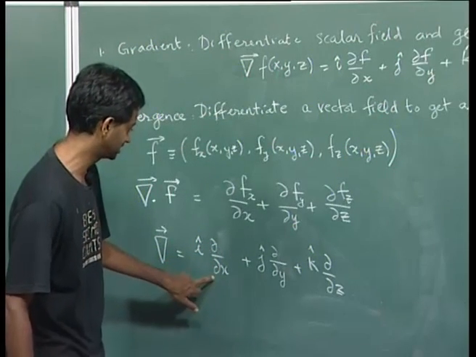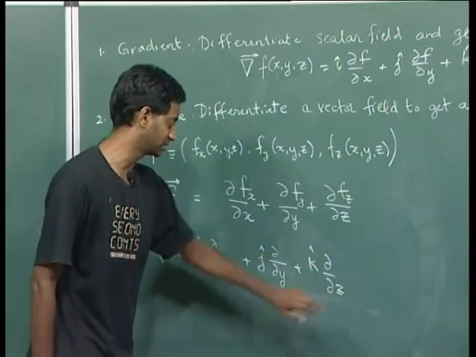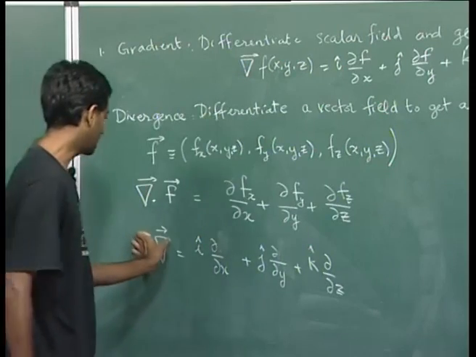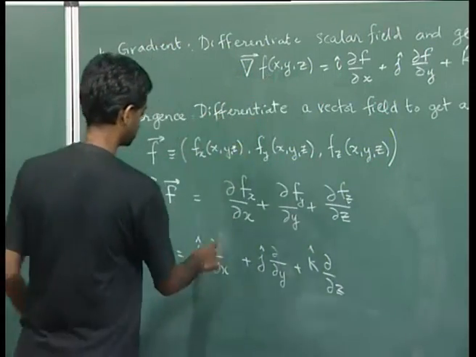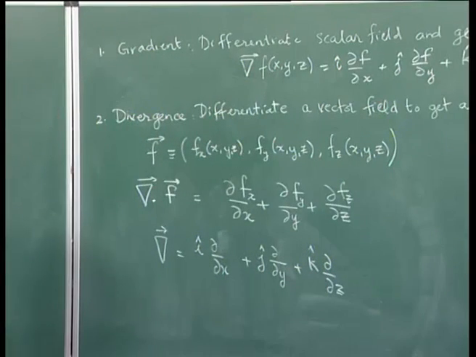First component is the derivative with respect to x, second component is derivative with respect to y, and the third component is derivative with respect to z. Okay. And when this acts on an f, then you just put the f there.